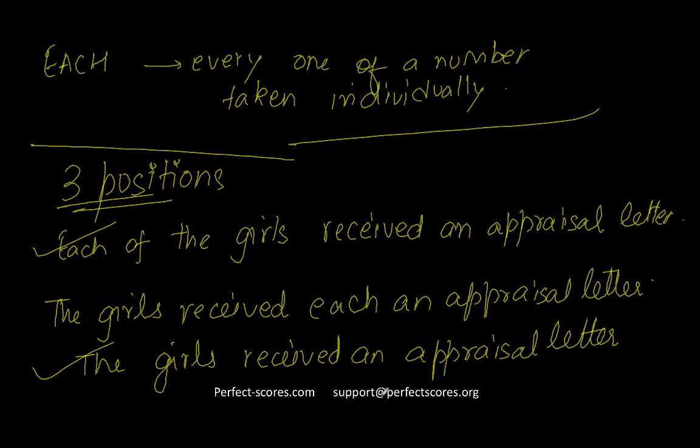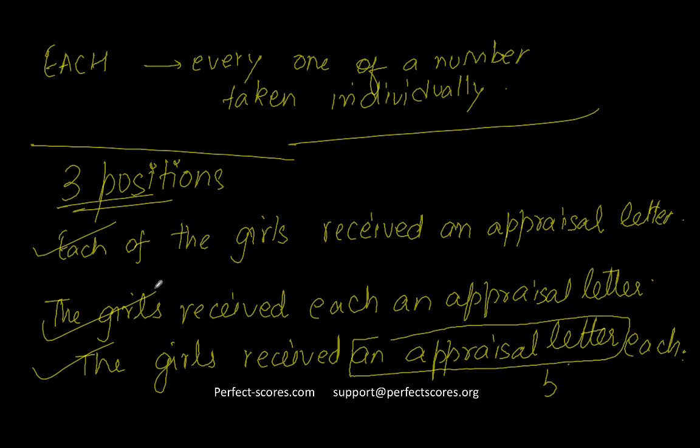Now, the third one is usually after a number. Okay, so here it is. It's usually after a number. For example, you're talking about one appraisal letter. Like let's say 5 each or 3 each. So that is absolutely correct. So these are just three of the positions and they're actually all three correct.